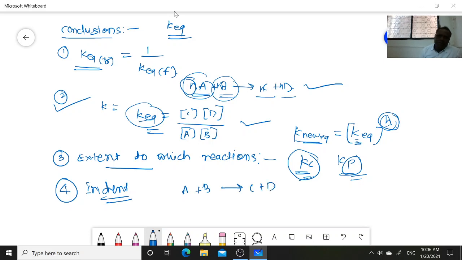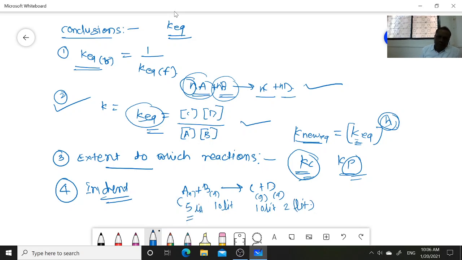Suppose A and B are gas molecules, and C and D are also gas molecules. Now initial concentration, if I take 5 liter of A, 10 liter of B, and suppose we are getting C as 10 liter and D as 2 liter. These are the products forming for this reaction.